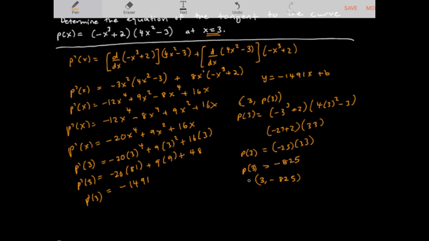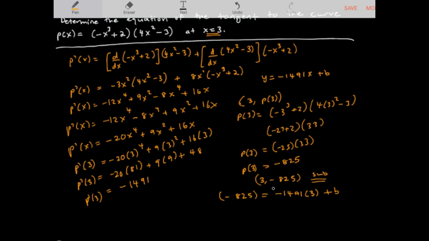So the collective point is 3 and negative 825. Okay? And then we just substitute this in. So when we sub this into your equation, we plug this in for y. So negative 825 is equal to negative 1491 times 3 plus b.